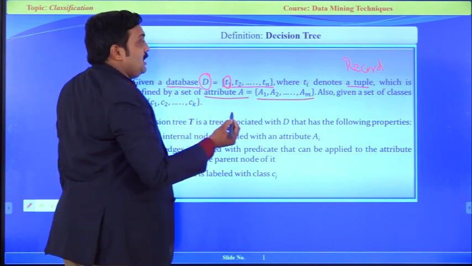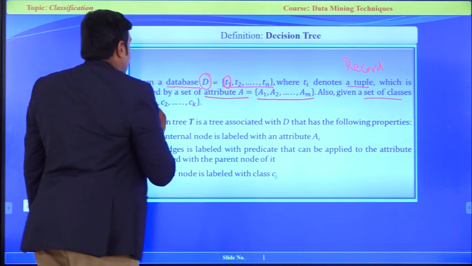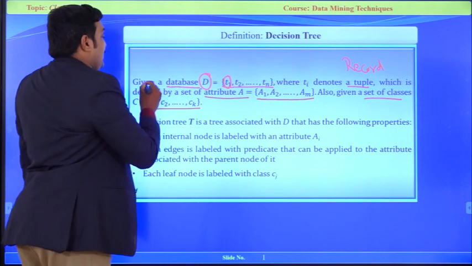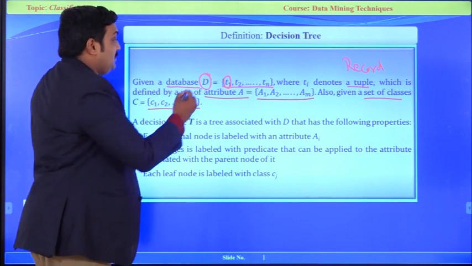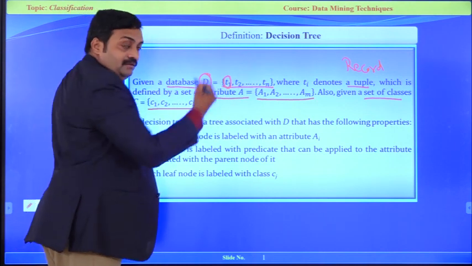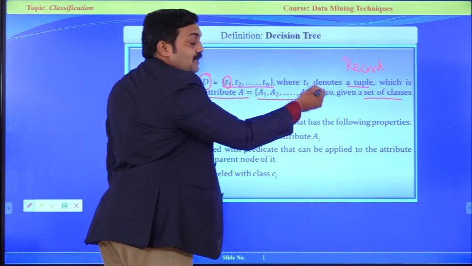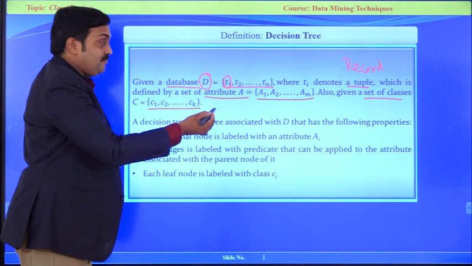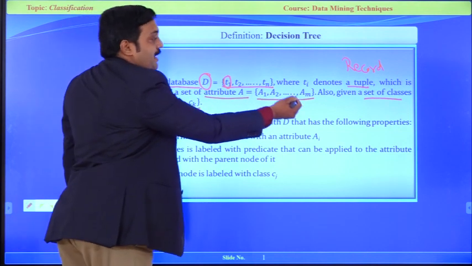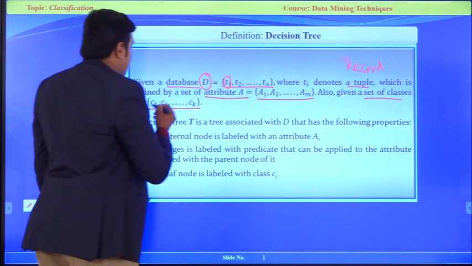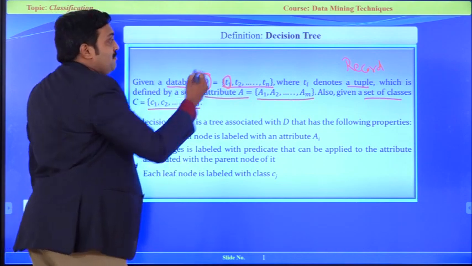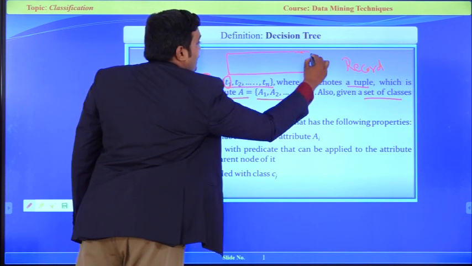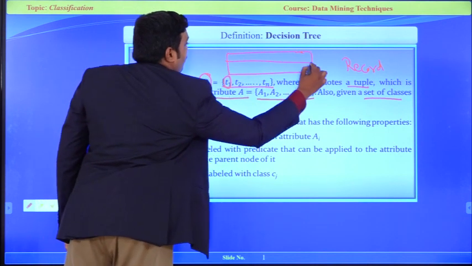From that, a set of classes we can derive, C1 to Ck. That means, in a given database D, there are T1 to Tn, where Ti denotes a tuple or a record which is defined by a set of attributes, A1 to Am, and also given a set of classes C1 to Ck.